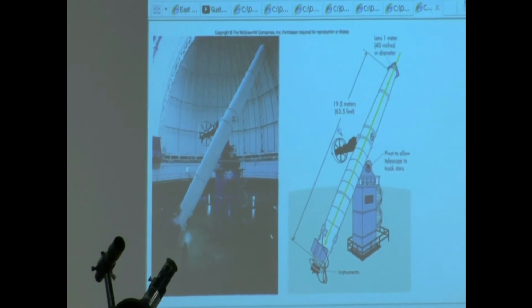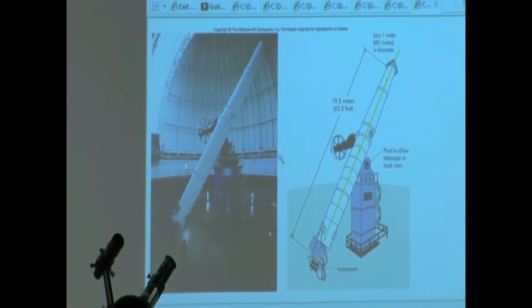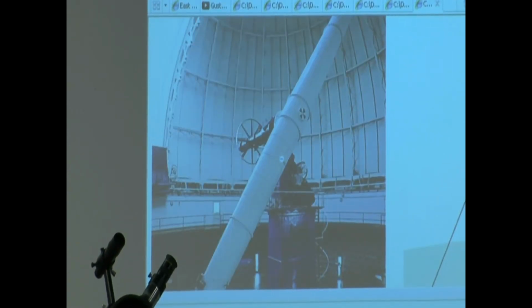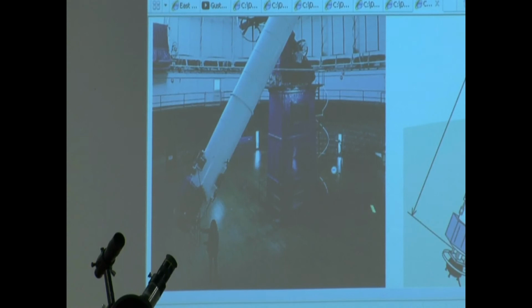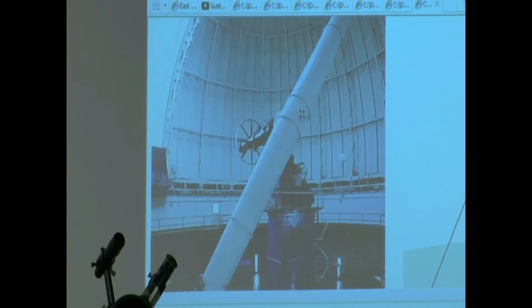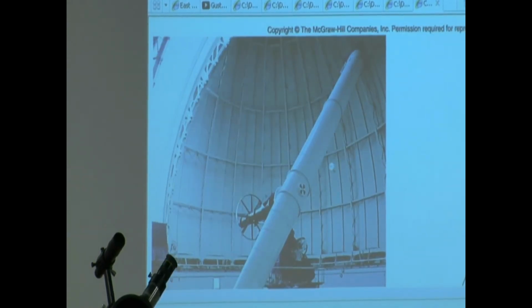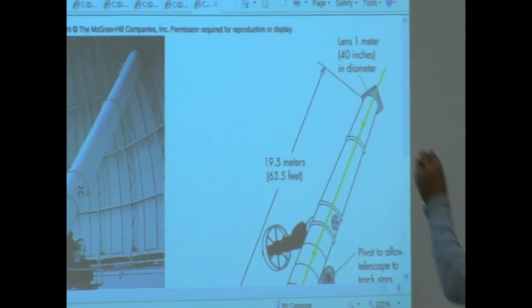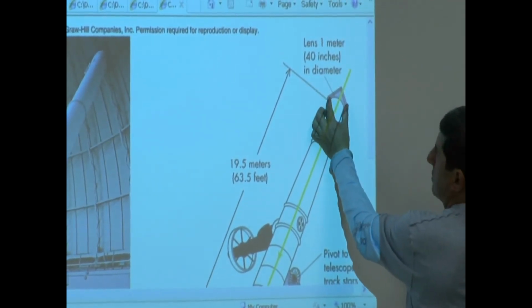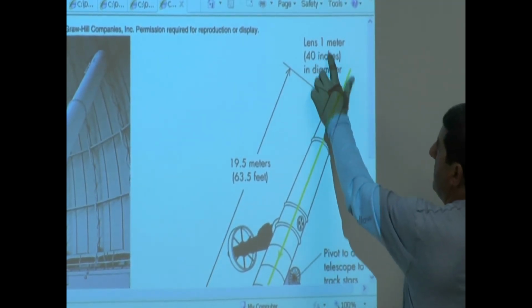It's in Chicago. It's the biggest refracting telescope in the world, biggest of this kind. It's 20 meters in length, but what I mean by saying the biggest, it's the biggest aperture. Lens 1 meter.